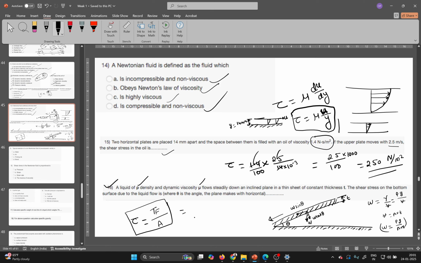So your force W sin theta divided by area, and W is nothing but rho g A T. This is W sin theta divided by A. So what you will get?